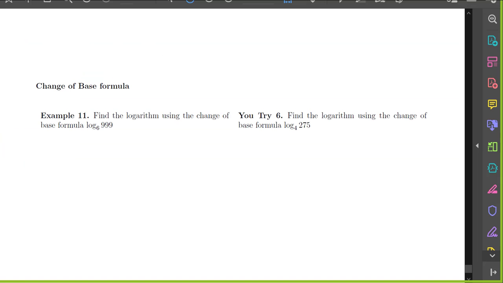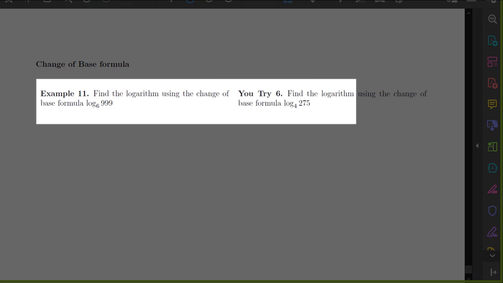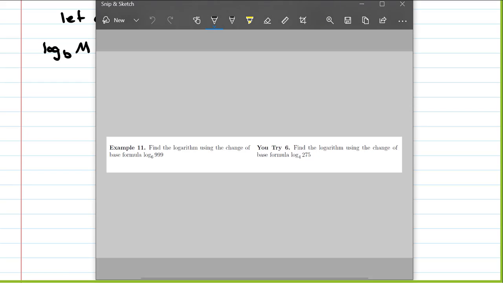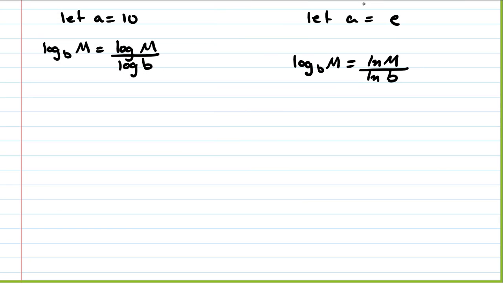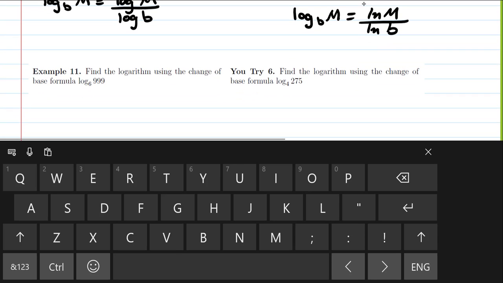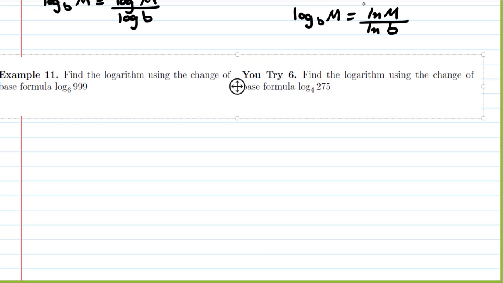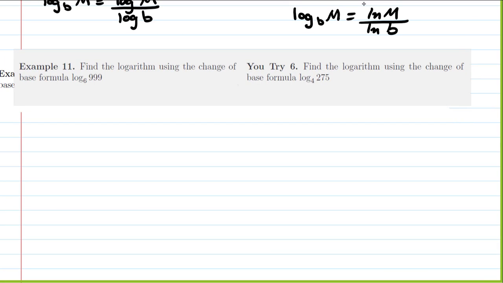So let's take a look at our last example. So we want to find the logarithm using the change of base formula.